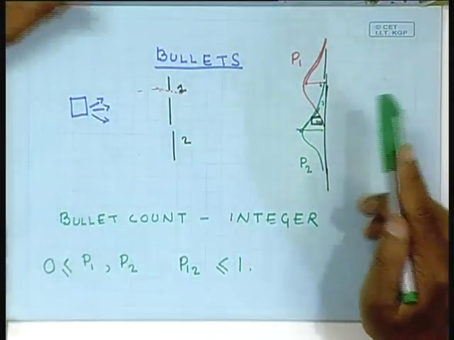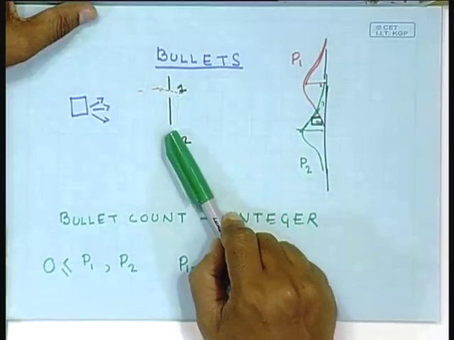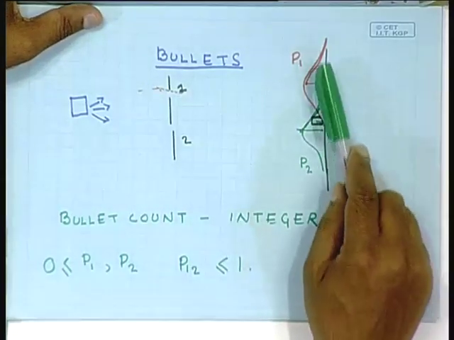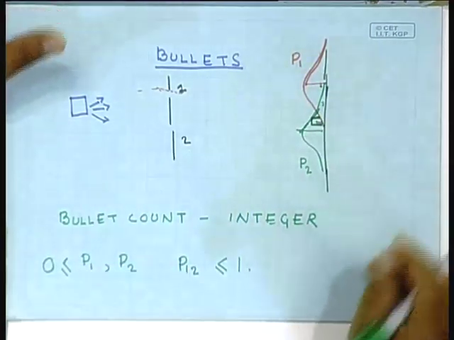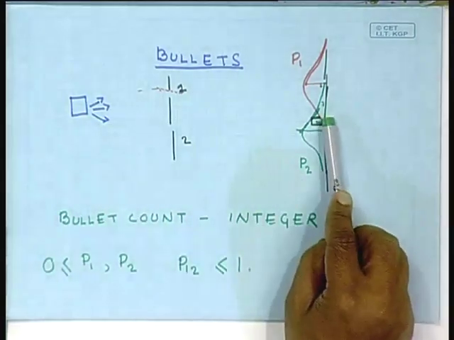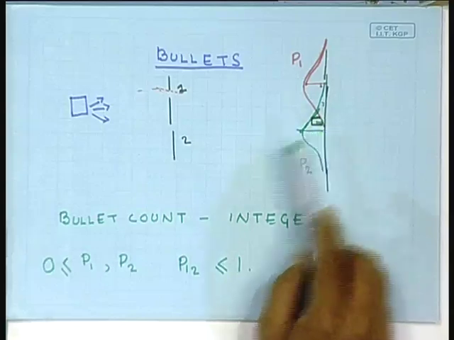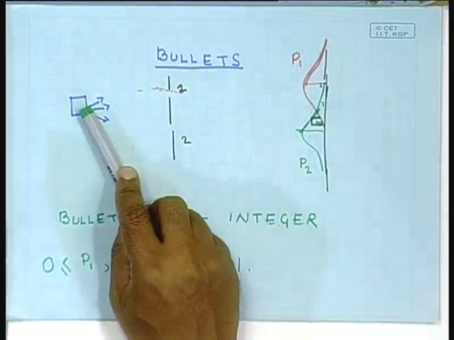Now, the question is, how is the probability of a bullet arriving here when I open both the slits related to the probability when the individual slits are open? A bullet can arrive at any point on the screen either through slit 1.